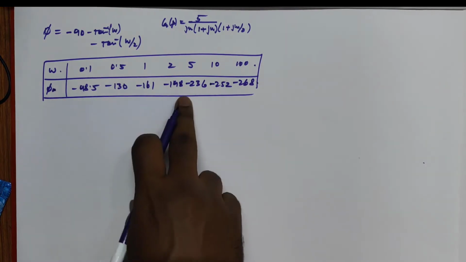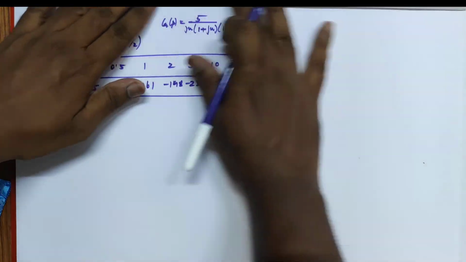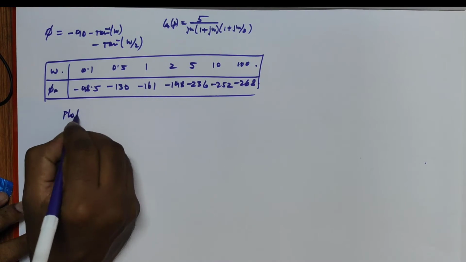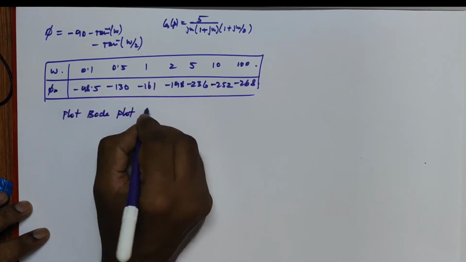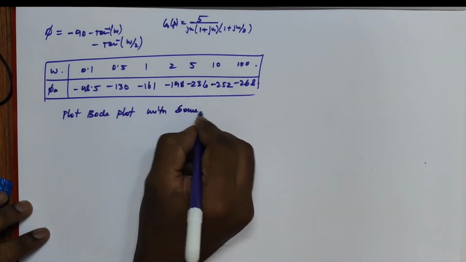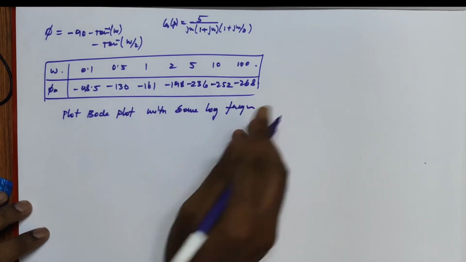Now after updating the phase values and obtaining the magnitude values, the next step is to plot the Bode plot with the same log frequency values.